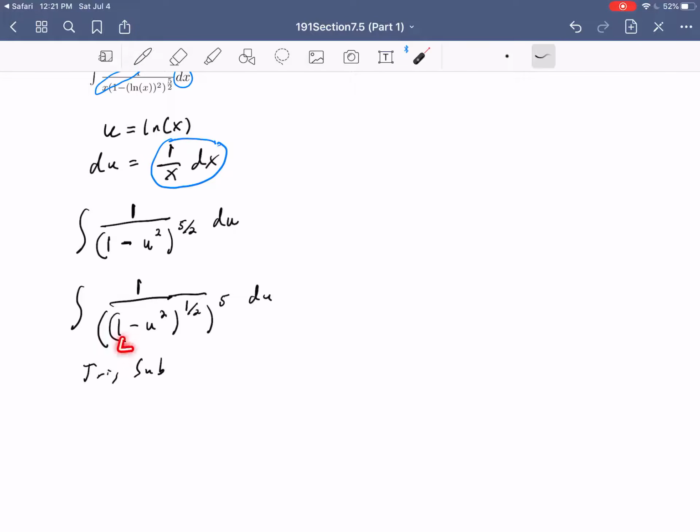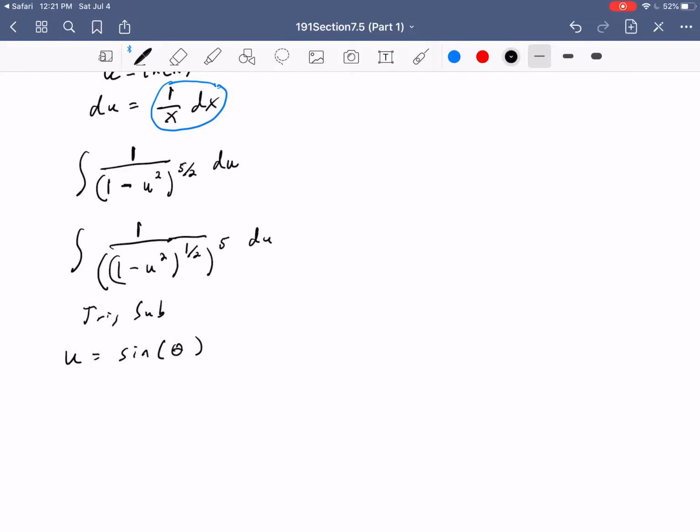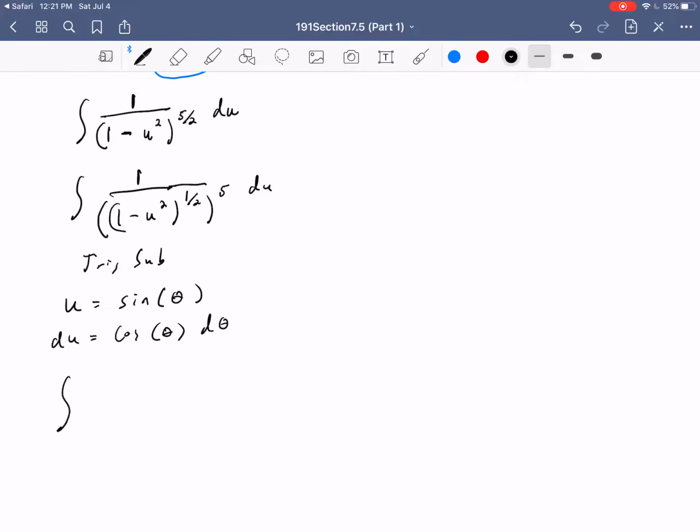Since it's 1 minus something squared, our trig sub should be in terms of sine. So we're going to let u equal sine theta. That means the du is going to be cosine theta d theta. So let's throw all that stuff in there. 1 over 1 minus sine squared theta, all to the 1/2, all to the 5th, cosine theta d theta.